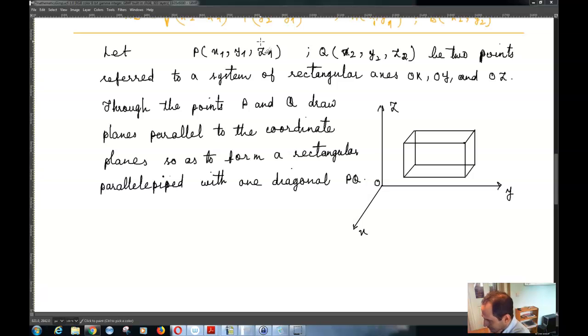So I'm going to take this point as P, and this point as Q, and then there is a diagonal between these 2 points, between which you want to find the distance in 3D space.